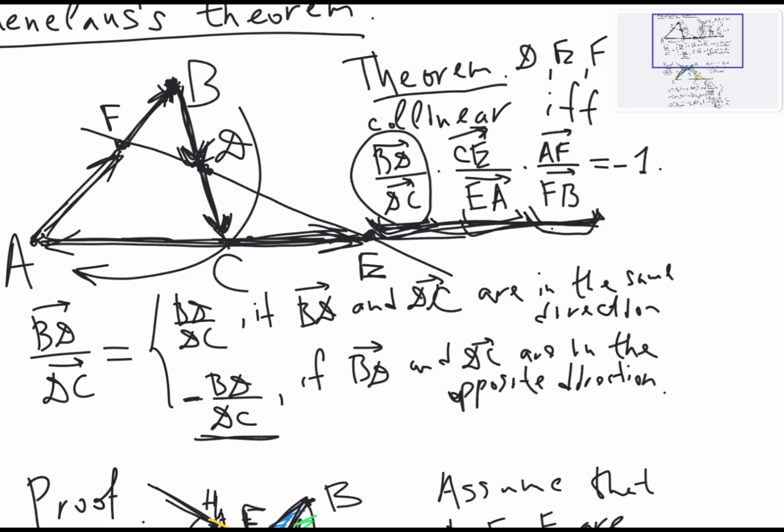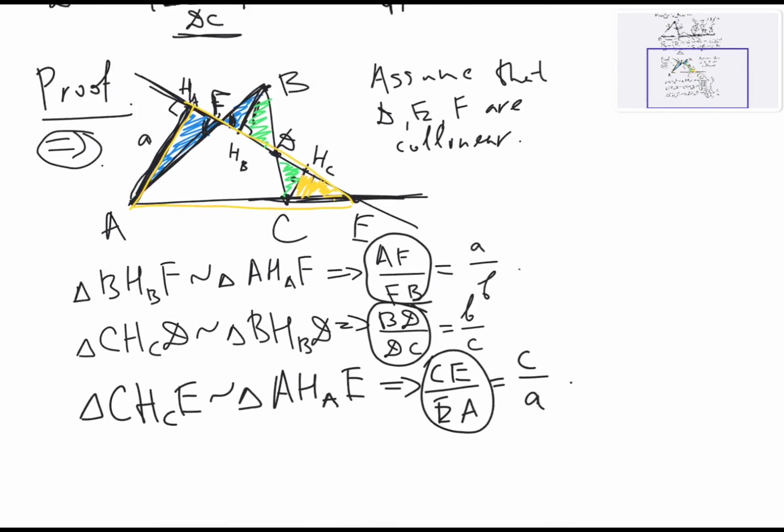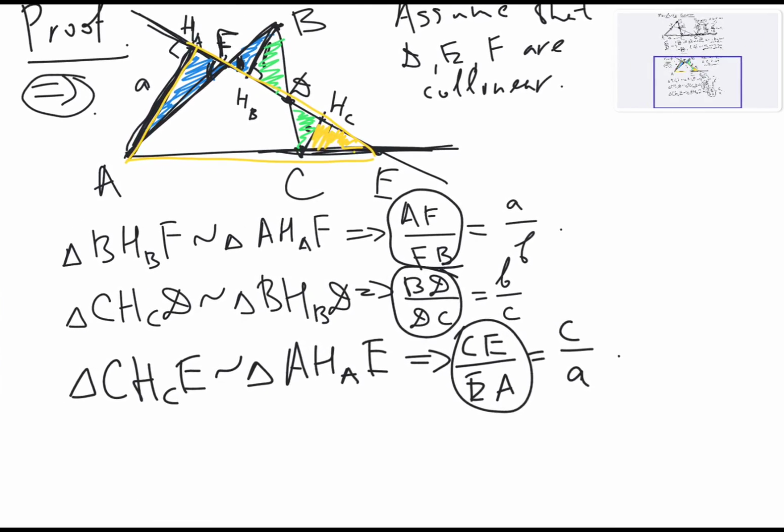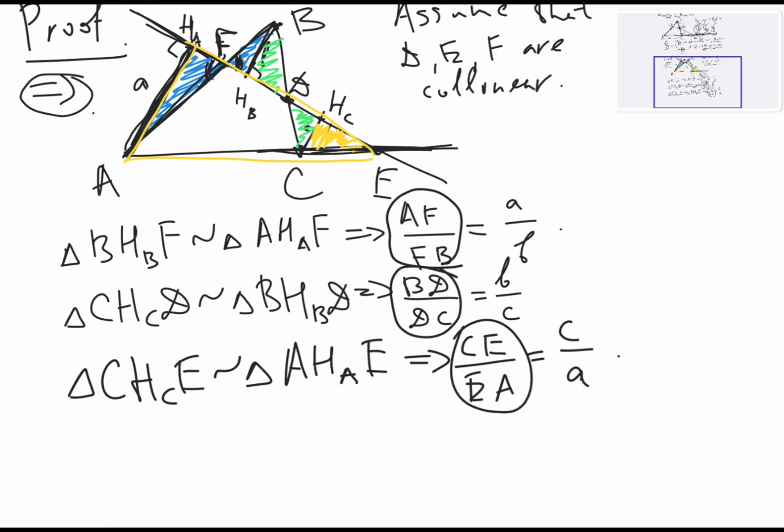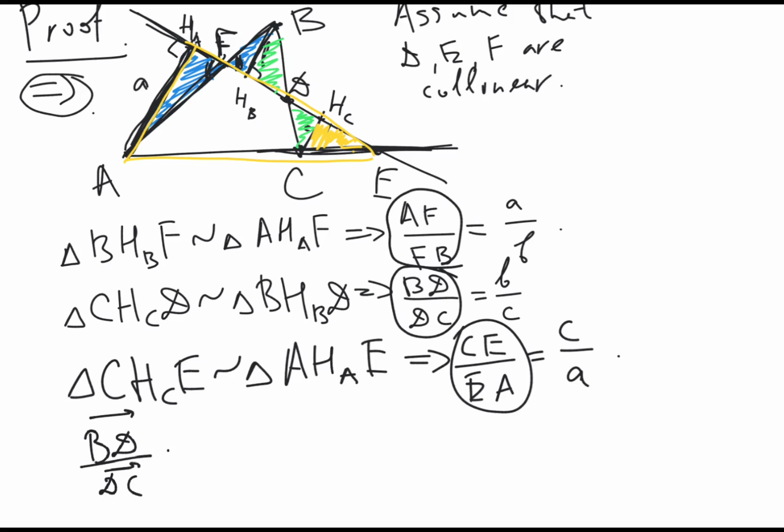So when we take the product of these three ratios, so BD over DC multiplied by CE over EA multiplied by AF over FB.